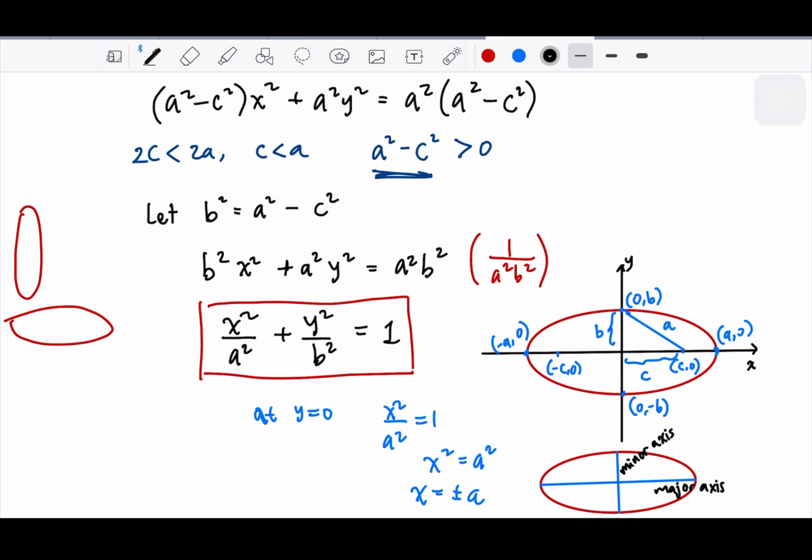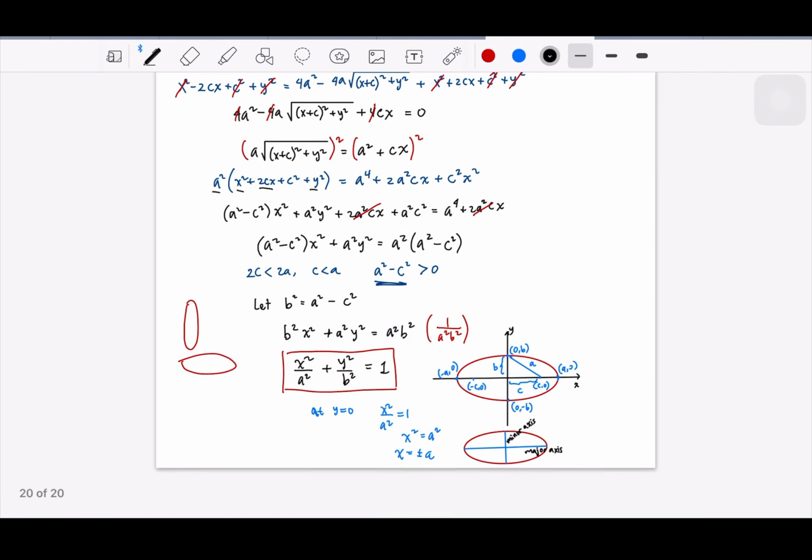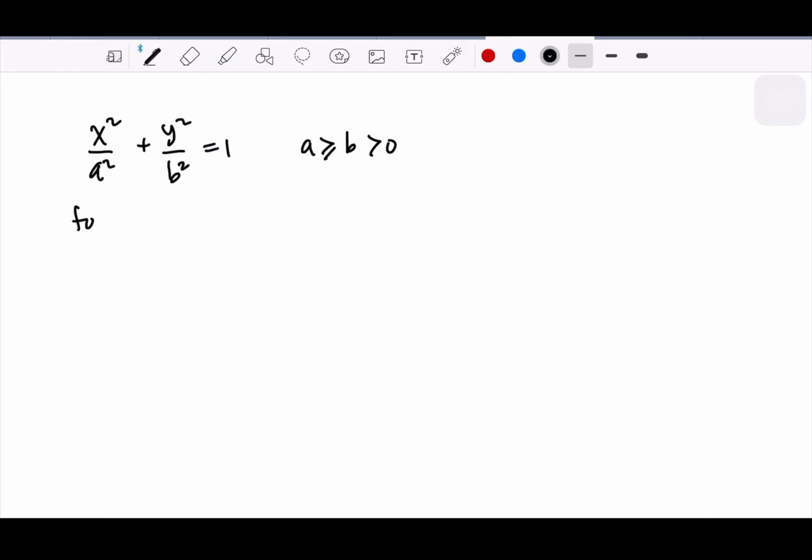Okay, let me write the conclusion and then we can have a short break. The conclusions are maybe on the next page. Let me write first and then we can look back to take some notes if you want. So the first one is this, where A is greater than B, and we have the foci at plus minus C. And the vertices are plus minus A. And we have another one.